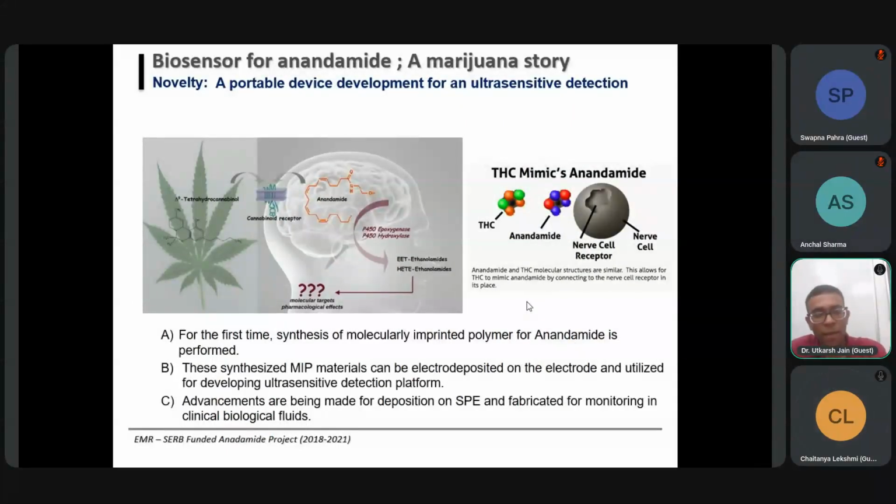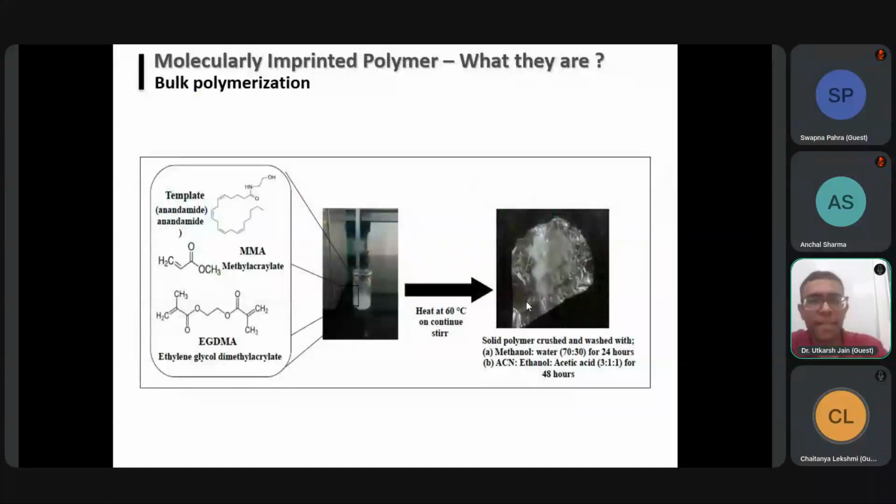And anandamide is not only restricted to happiness, but it is also implicated in a lot of disorders as well. Now people are still working to identify why anandamide has so many different physiological functions.